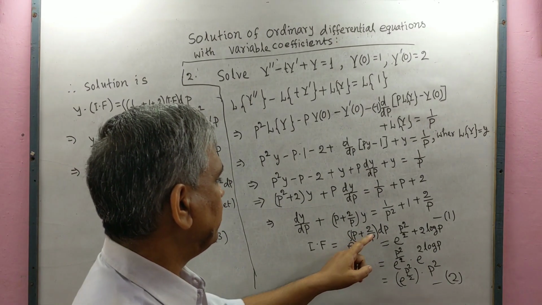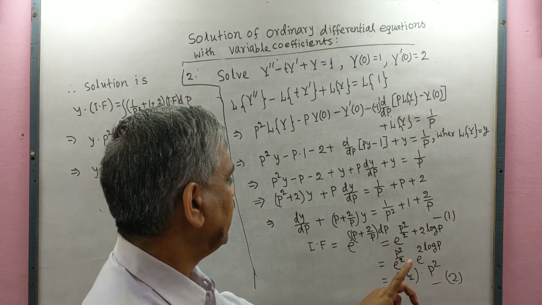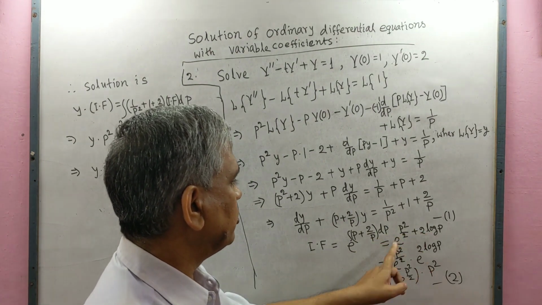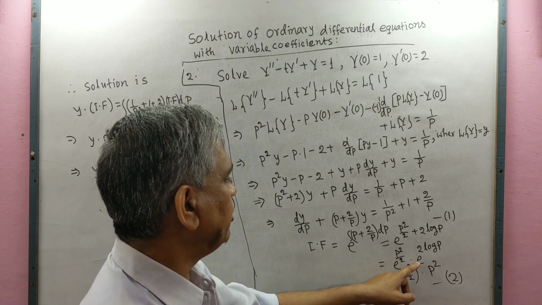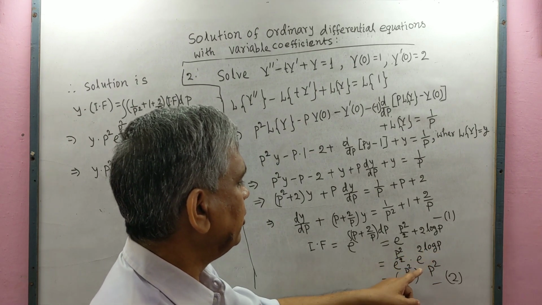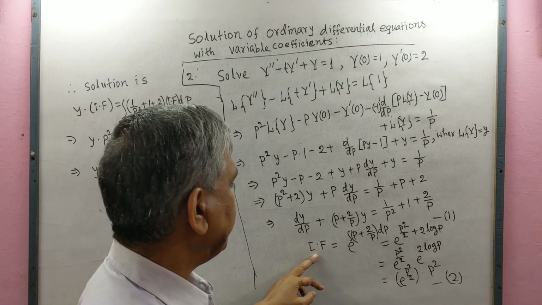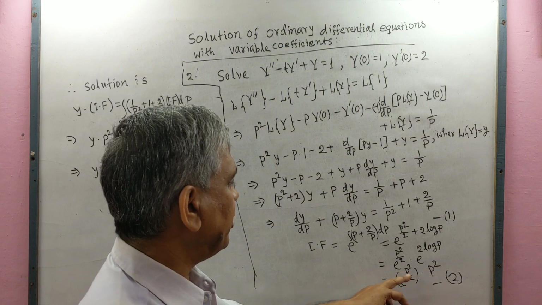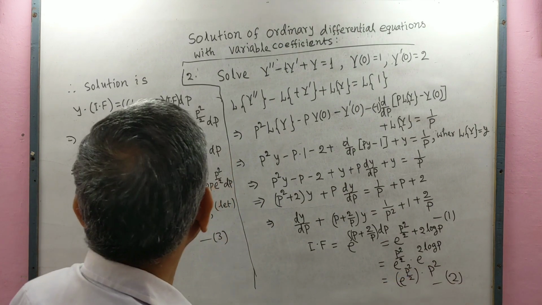This is p²/2, and for 2/p the integration is 2 log p. We separate the two terms: e to the power p²/2 into e to the power 2 log p. e to the power 2 log p is p². So the integrating factor is e to the power p²/2 into p². This is number 2.